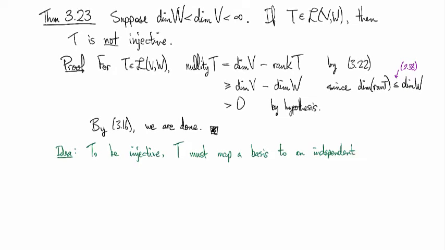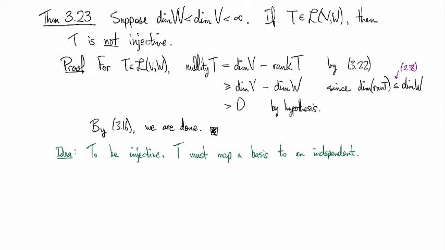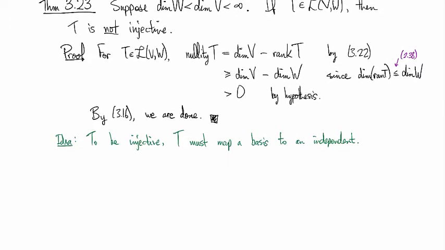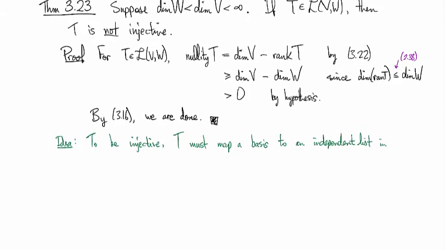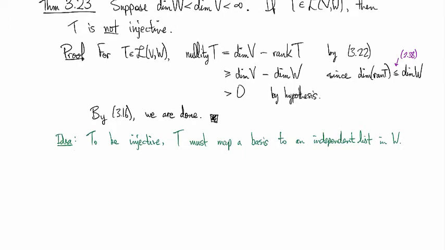If it maps it to a dependent set, then you can use that dependence relation to show how two things get mapped to the same point. Oops, I forgot to finish the sentence: an independent list in W.